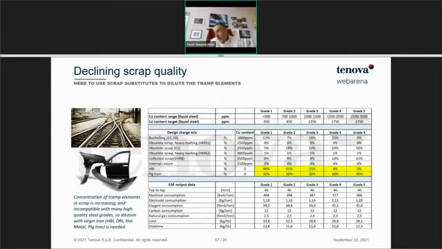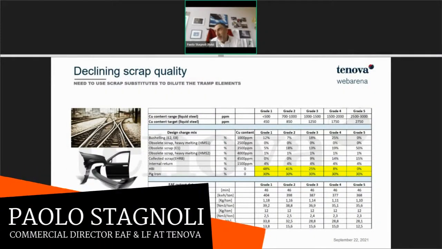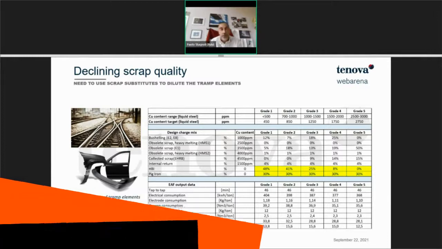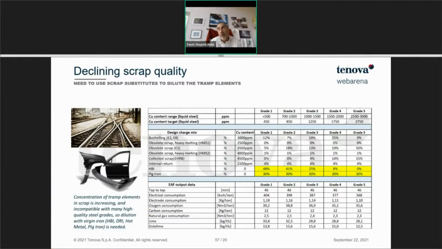As many have already pointed out, one of the big issues of decarbonization is that everybody would love to go just with scrap, because that's the low-hanging fruit when it comes to reduction of CO2 emissions, but for many producers, you simply cannot do that. The scrap is full of tramp elements such as copper, and many productions cannot tolerate high levels of pollutants.